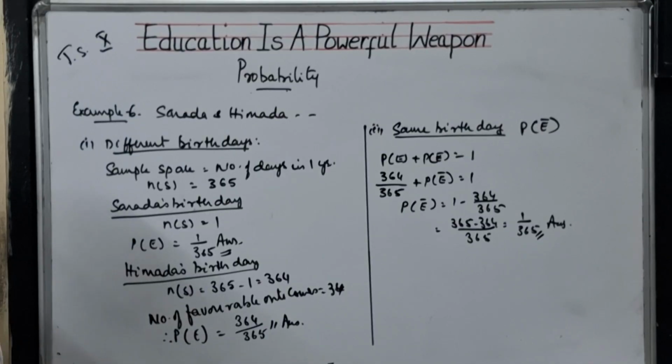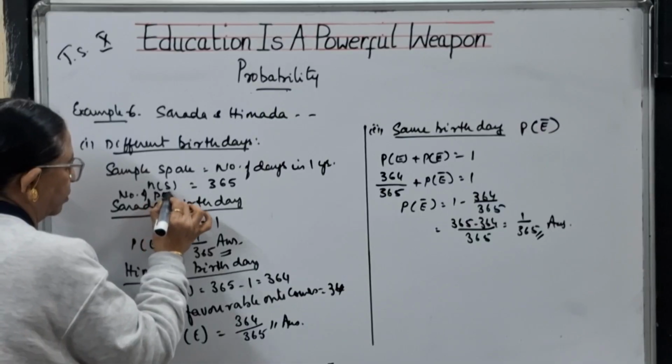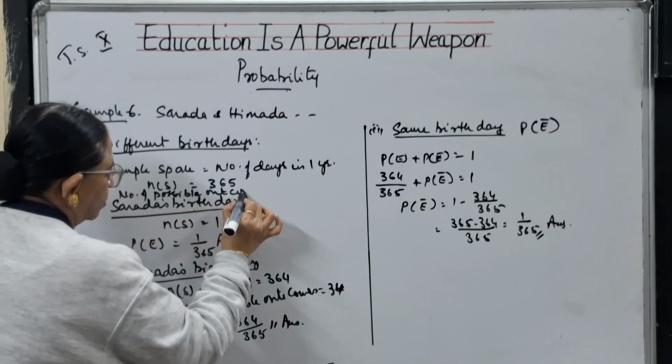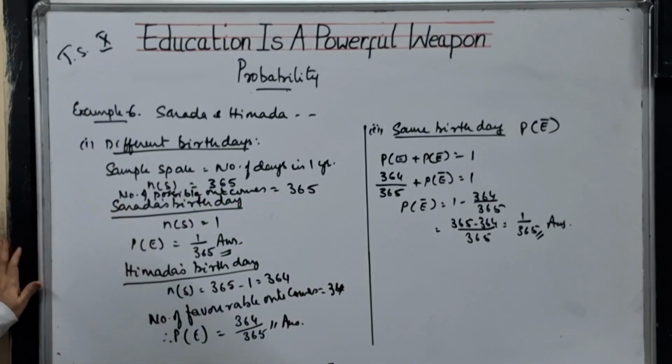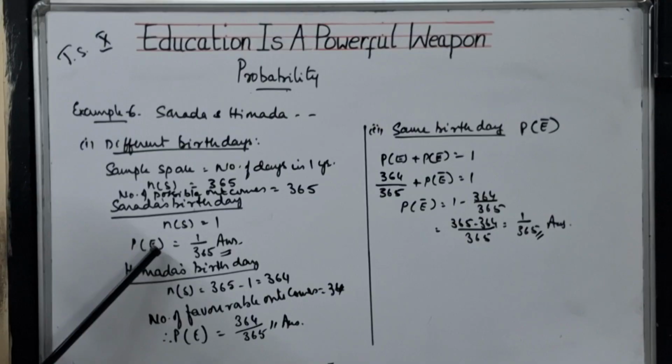I forgot to write, children, please bear with me, number of possible outcomes is 365. Now, Sarada's birthday is only 1 day out of 365, so her probability is nothing but 1 by 365. Now, Himada's birthday should be different from Sarada's birthday. So, that means out of 365 days, 1 day has gone for Sarada's birthday.